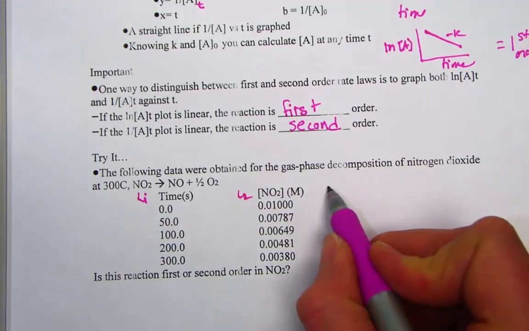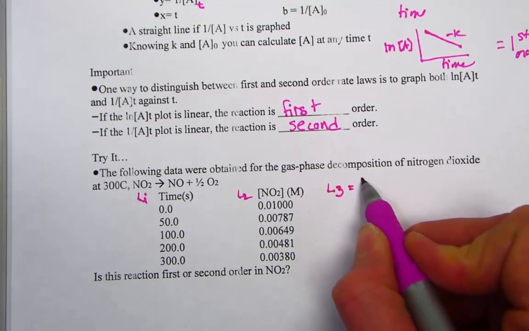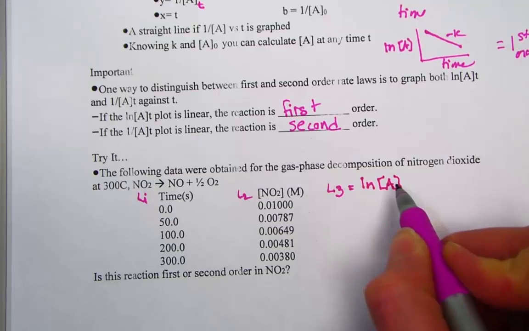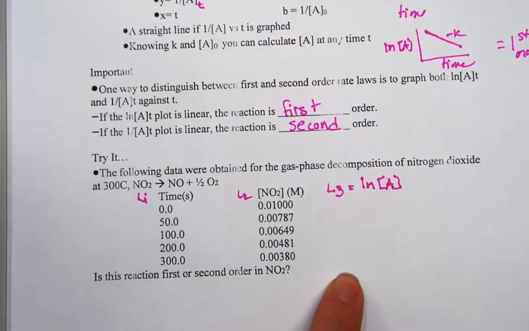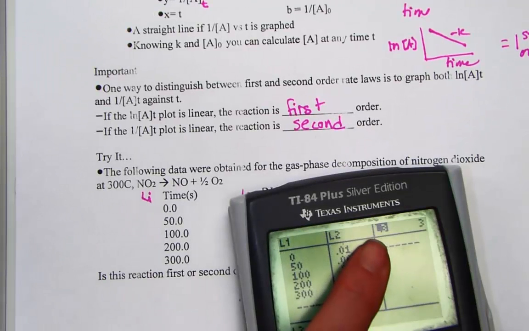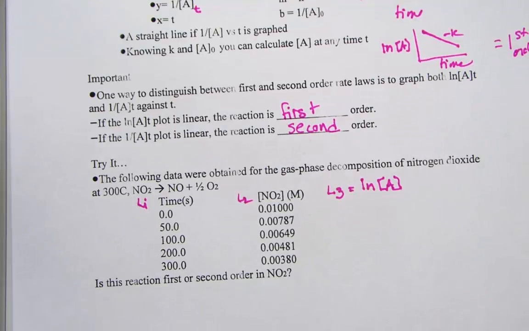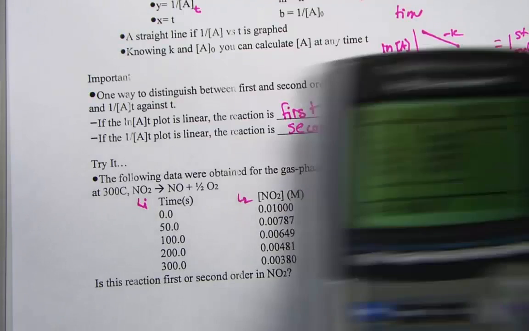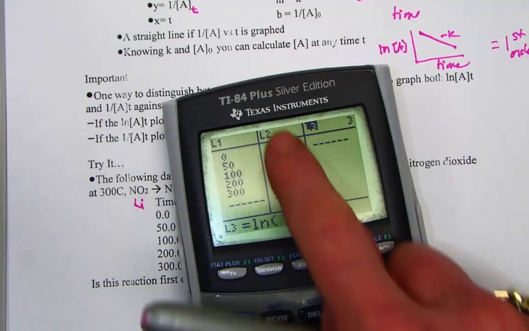I'm going to use the calculator to generate a list 3, which I'm going to use to represent the natural log of the concentration. I'm going to make the calculator do the work for me. So I'm going to place my cursor on list 3, up at the very top where it says list 3. Now it's ready for me to enter the formula. So now that it's highlighted, I'm going to hit the natural log button, and notice on the bottom it's giving me ln with a parenthesis, and I want it to find the natural log of those concentrations.